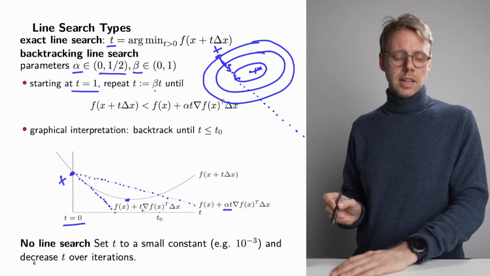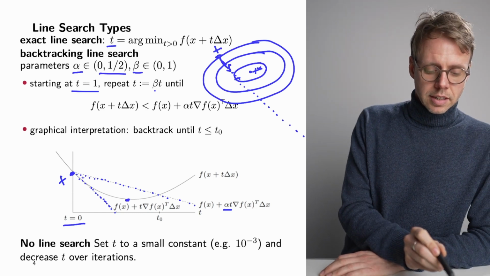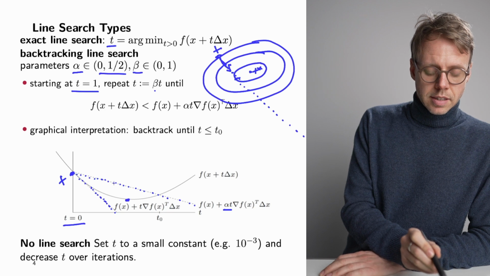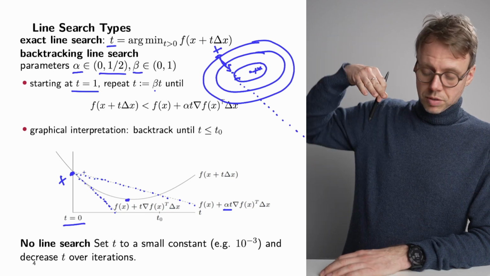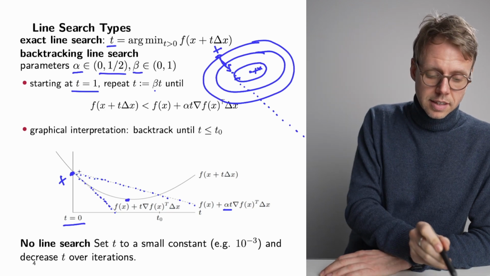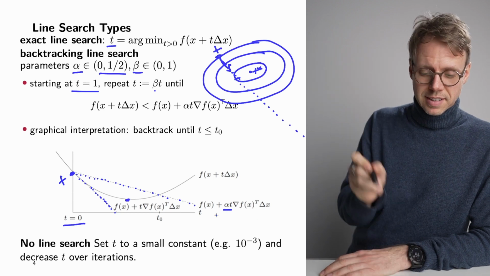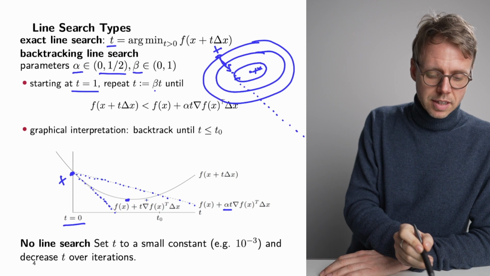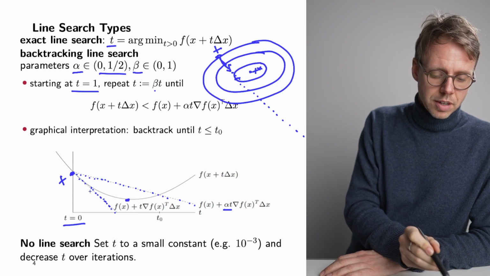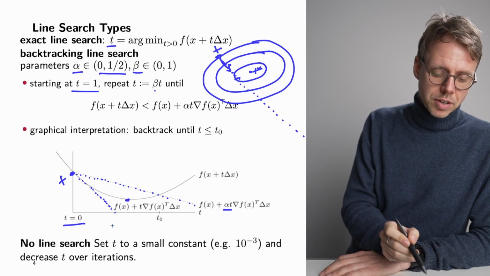But it's a linear function that goes down less steep, for example, 1/2 less steep than our first order Taylor expansion.